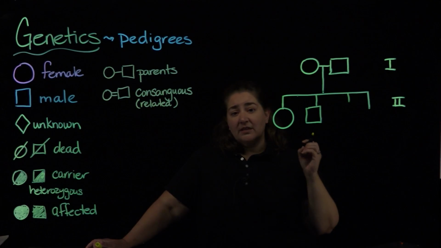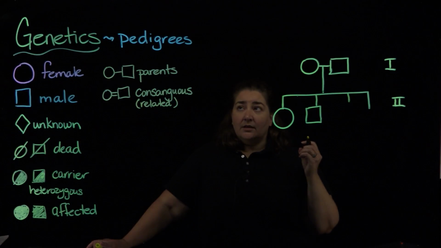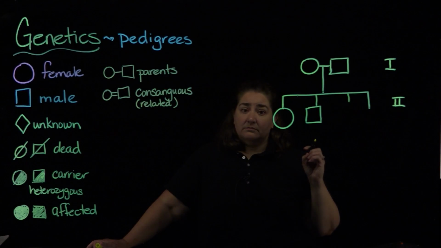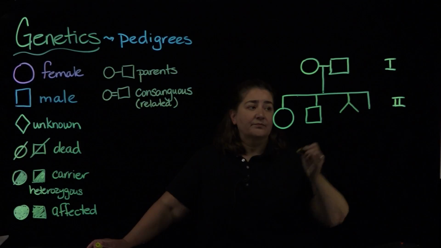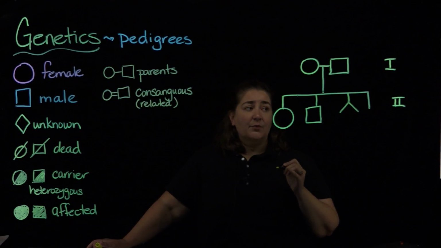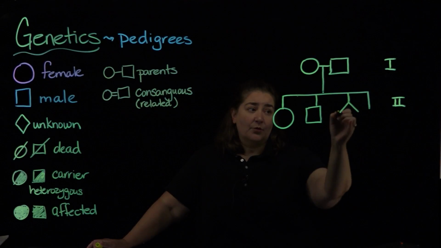Then there's going to be another set of nomenclature associated with pedigrees that we'll go over. If you see a branch happen, that branch indicates that what you have there are twins that were born.